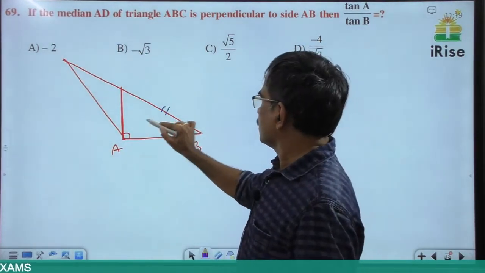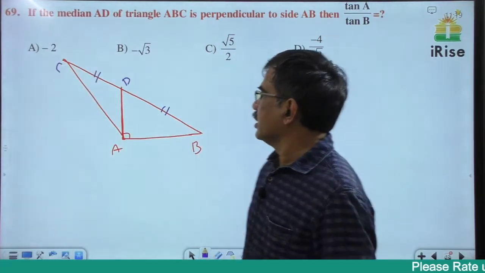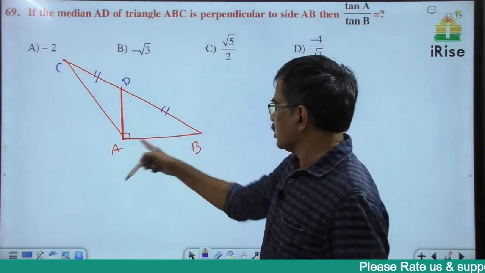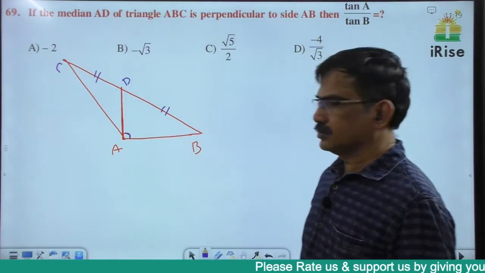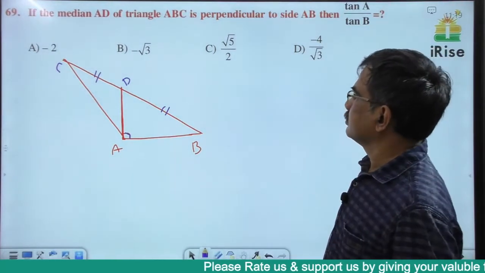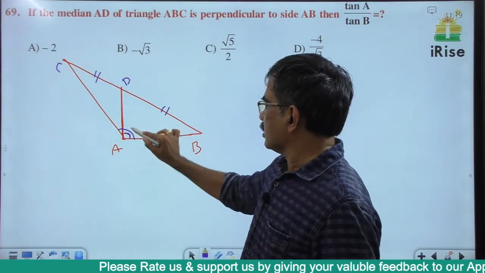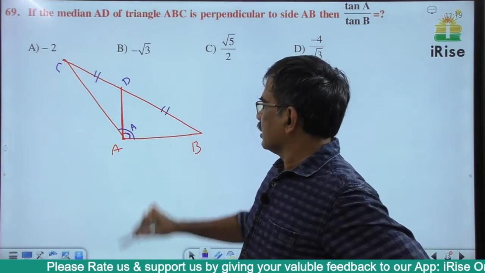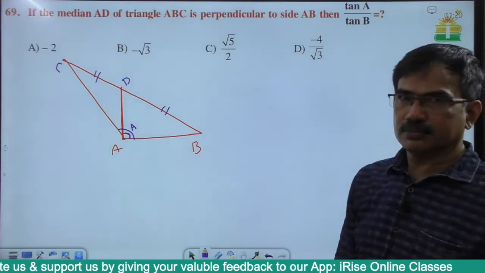Here this length is equal to this length, therefore AD is the median of triangle ABC, and this median is perpendicular to AB also. This is the diagram. And this total angle I want to consider as A. Then what is tan A by tan B?